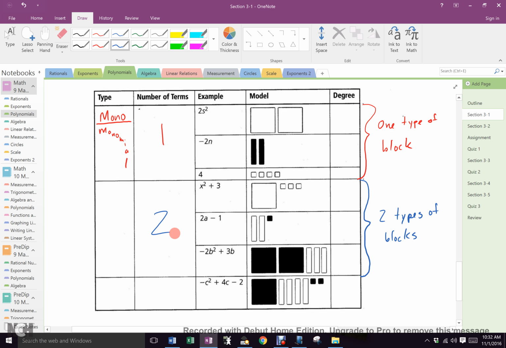What do you call a two-wheeled vehicle? One that you guys are allowed to ride. A bicycle, right? So what do you think we call a two-term math expression? A binomial. Like a bicycle.